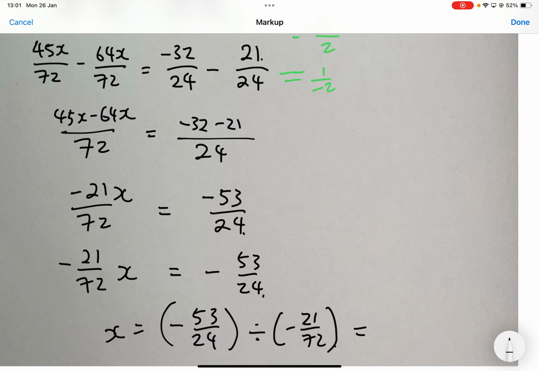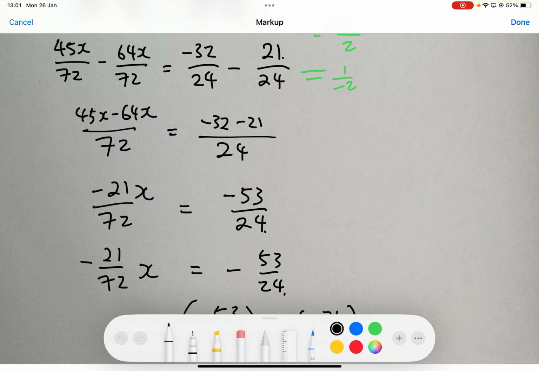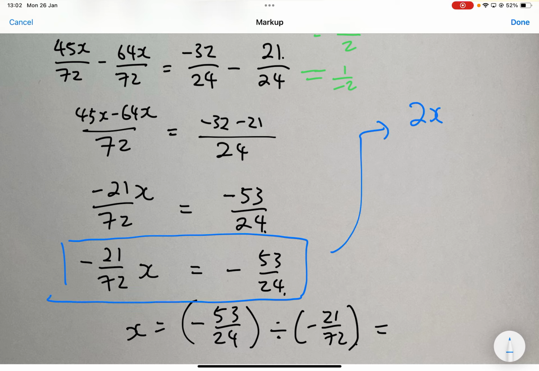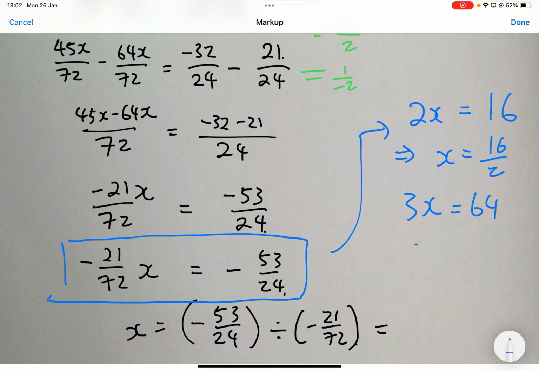Why? Let me copy. Okay. Wait, I can, so you just put all the x on the right side. So my calculation is okay. So you put all the x on the right. No break already lah.